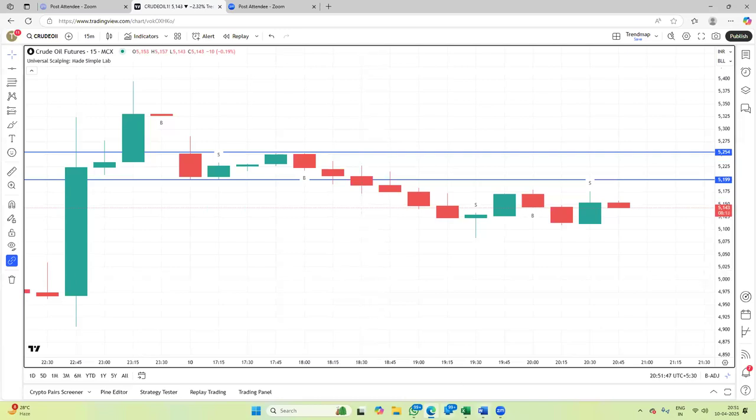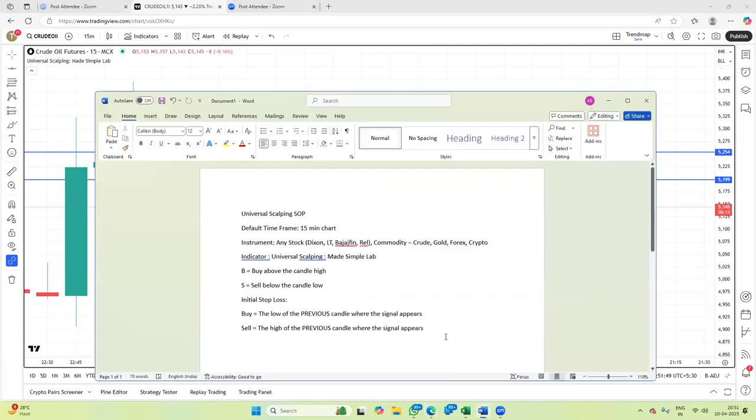Now here we need to create a rule and we have to follow this rule. Let's write down the rule. If you have an open order and an opposite signal appears, then place the order for the same.